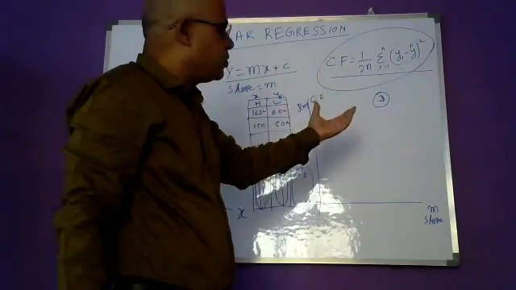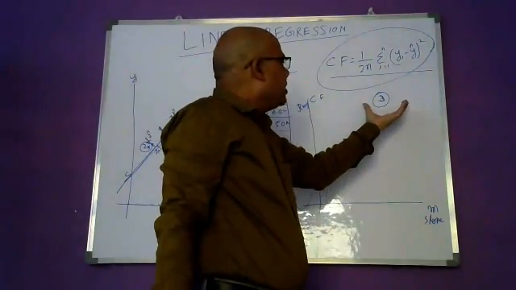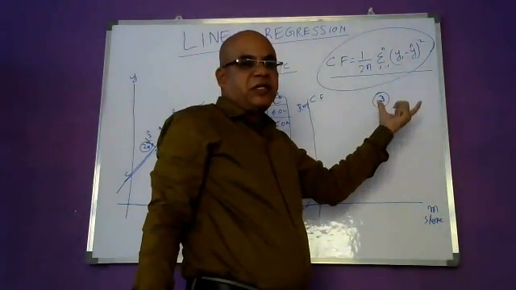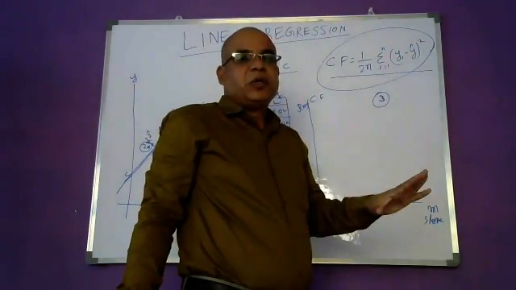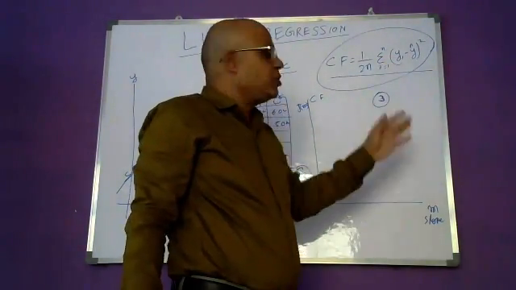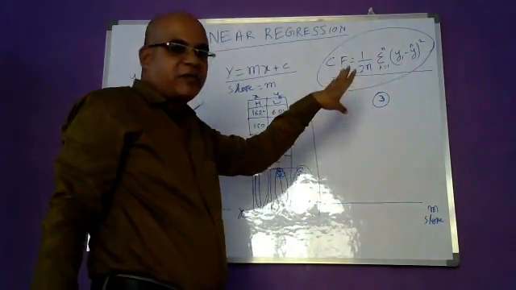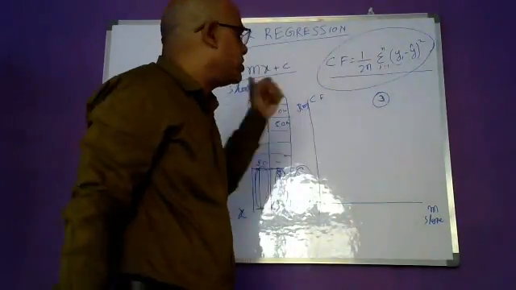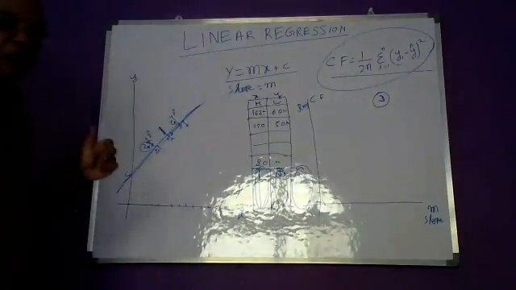Maybe 99.5% accuracy will be there. So we have to reduce this cost function as much as possible toward 0.